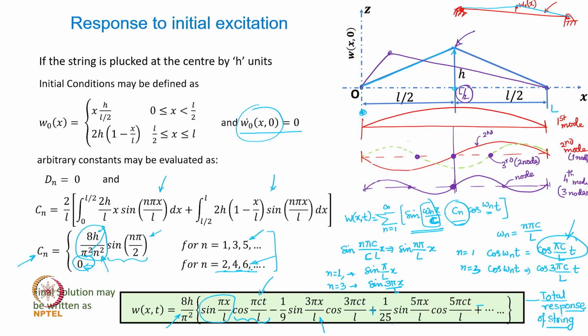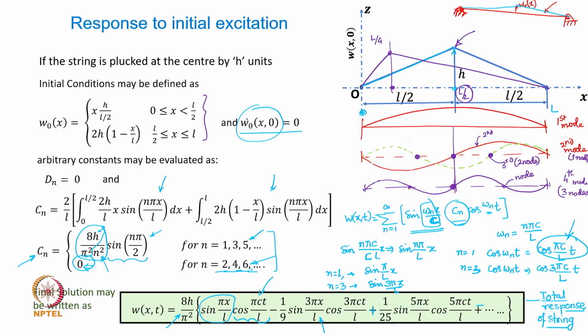You can take this to be maybe L by 6 or L by 4, whatever you feel convenient, and then write an appropriate initial displacement expression the way we wrote here. This will get slightly modified based on where exactly you are pulling it up. And then you will find that the Cn values will change, and then the modes participating will change.